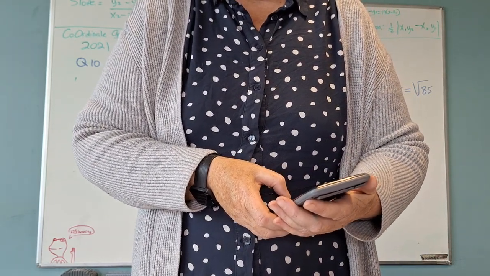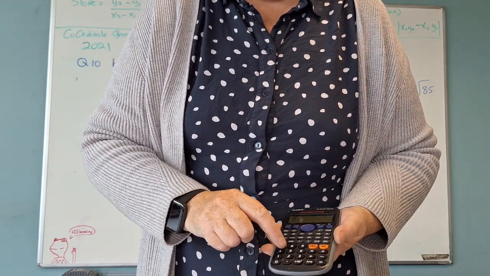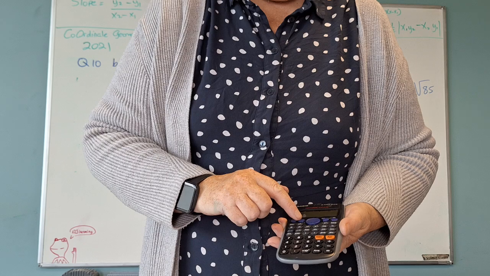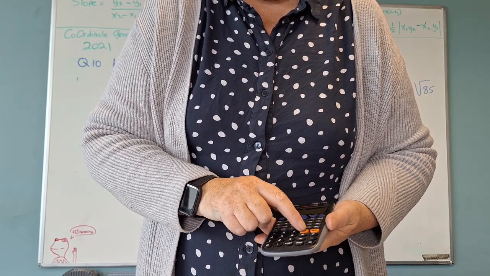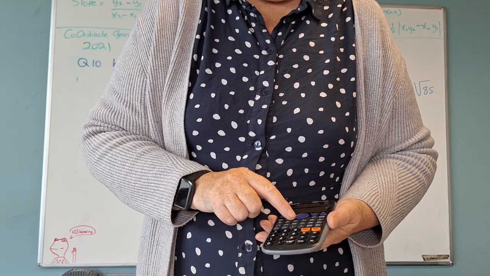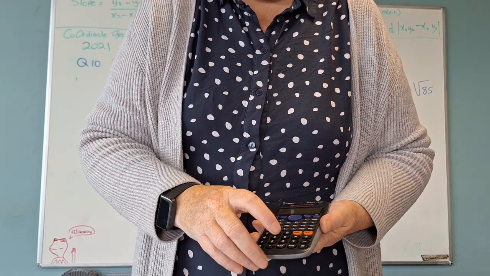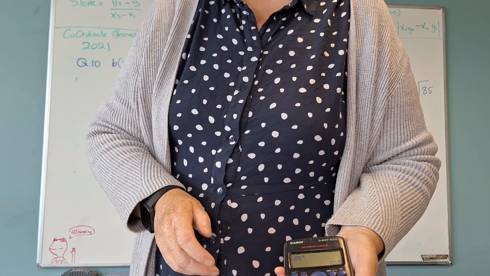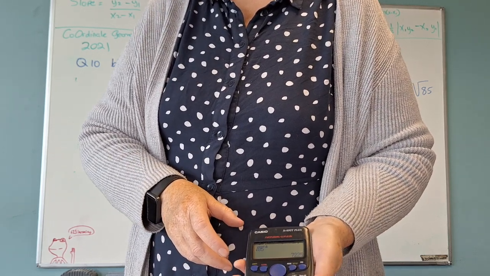So it is square root 85 to the power of 4. And you get your code is 7225. Okay, so that's how you do that into your calculator.